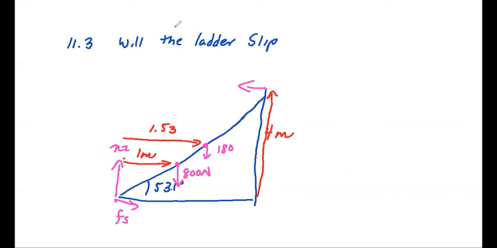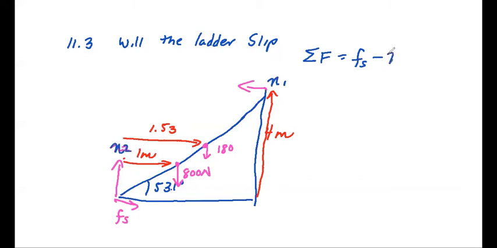We're going to write our conditions of equilibrium: the sum of the forces in the X, the sum of the forces in the Y, and the sum of the torques. The sum of the forces in the X is going to equal that force of static friction, going in the positive direction, minus N1, oh, this is N1, that's N2.